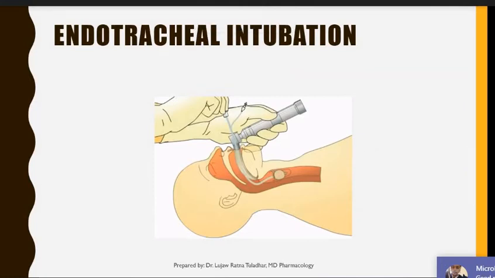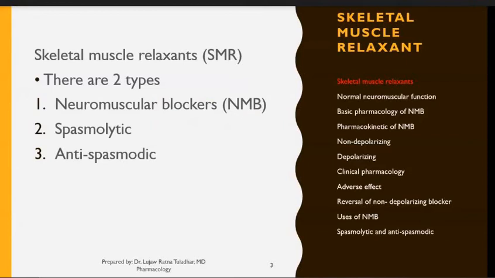So patients are prescribed muscle relaxant drugs so that whenever they try to open their mouth, they suffer less pain and it becomes easier for them. There are three types of skeletal muscle relaxants.